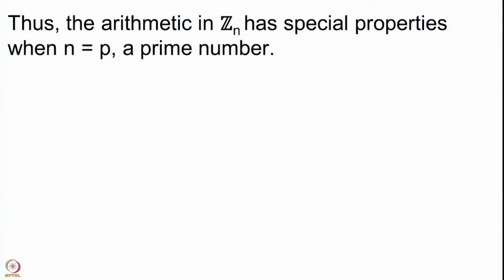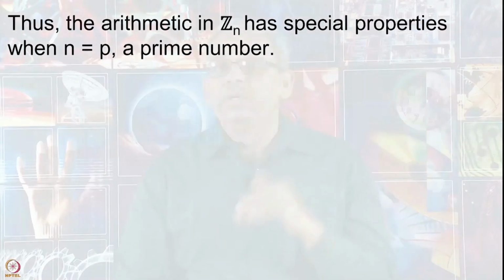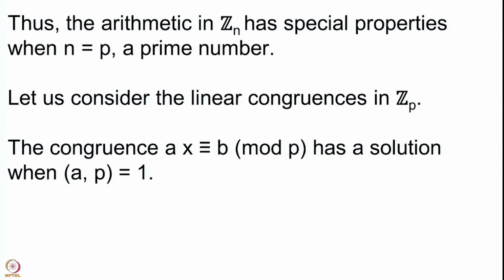So, this tells us that there is something very special which happens when n is a prime number. The arithmetic in Z_p has some special properties compared to the arithmetic in a general Z_n. So, what does it mean? Let us go through these things once again. If you are looking at linear congruences modulo a prime number, then we see that the congruence Ax congruent to b mod p has a solution when (A, p) is 1.